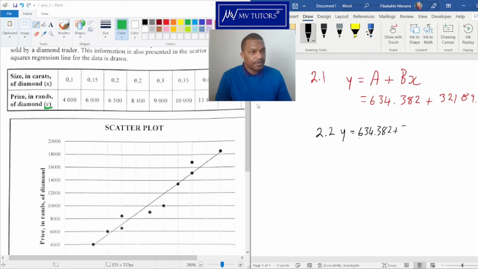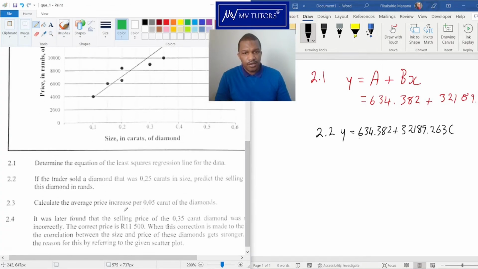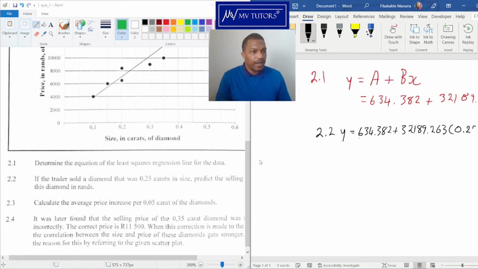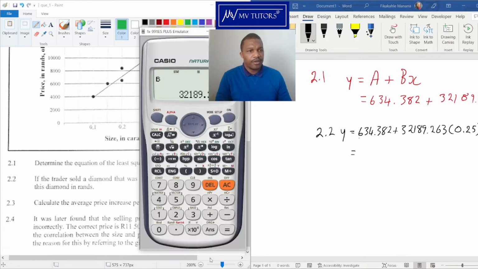634.382 plus 32189.263x. What was the value of X they gave us here in the question? 0.25. So we'll go 0.25. Okay, we need to put this in a calculator, so let's bring it back. There we go. But before that, let me just go back to the normal mode.